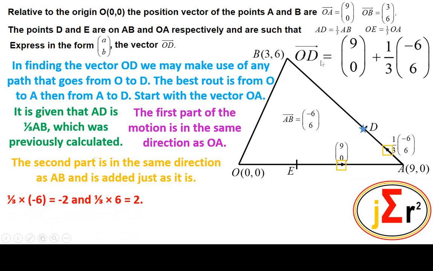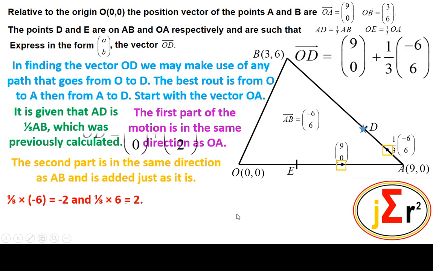Now we have OD is equal to (9, 0) plus 1/3 of (-6, 6). All that we need to do is take the (9, 0) and add 1/3 of (-6, 6) to it. 1/3 of -6 is -2, and 1/3 of 6 is 2.